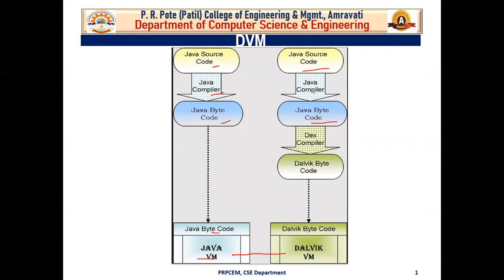Now that Java bytecode, that is the .class file, is then operated on by the DEX tool, and it converts the .class file, which is generated after compilation, into the .dex format.